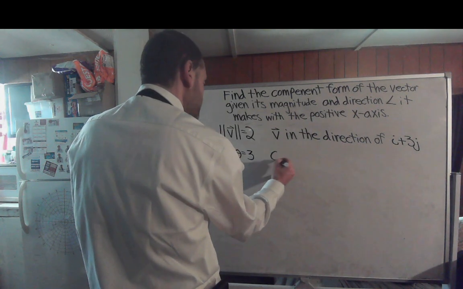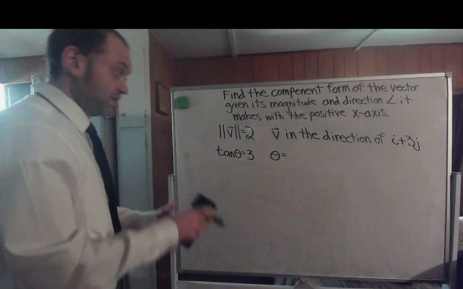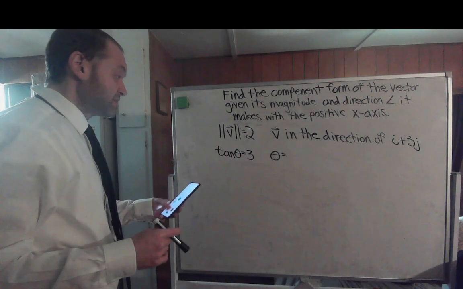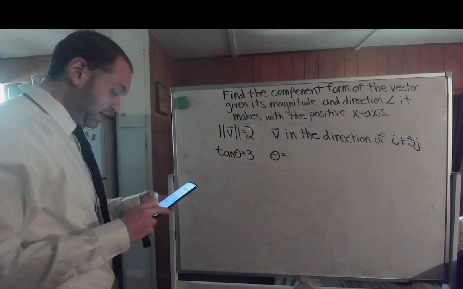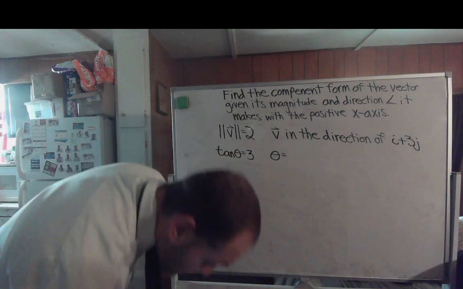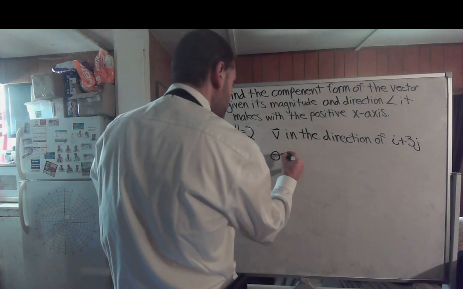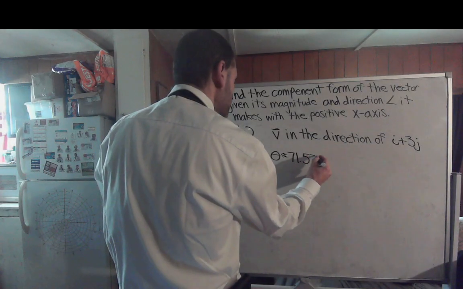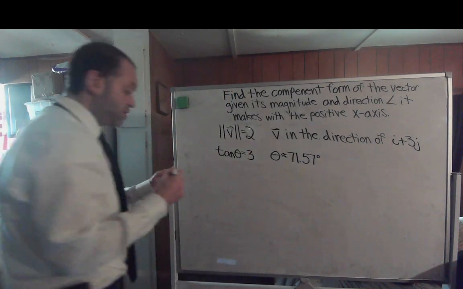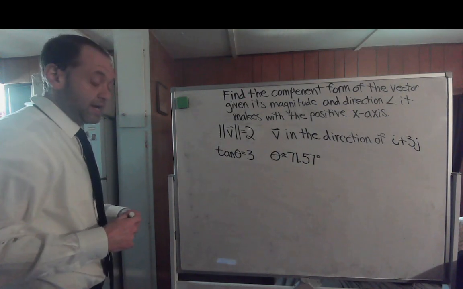So that means then that theta equals the tangent inverse of 3, which should put us in the first quadrant, which is where we need to be. Tangent inverse of 3 gives you about 71.57 degrees. Now we've identified our direction angle, okay?